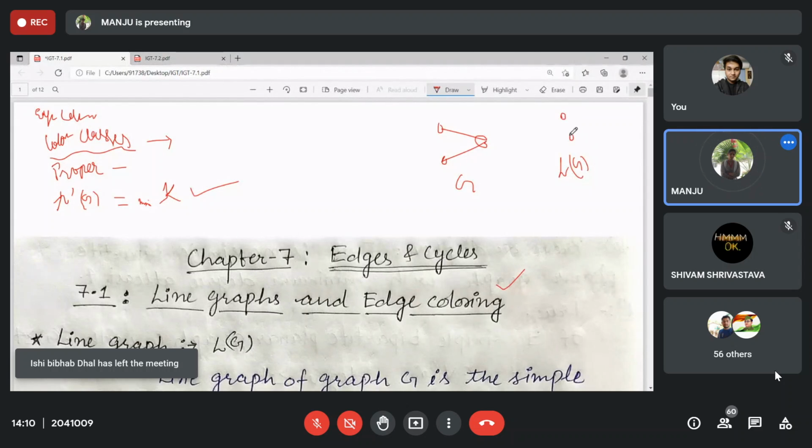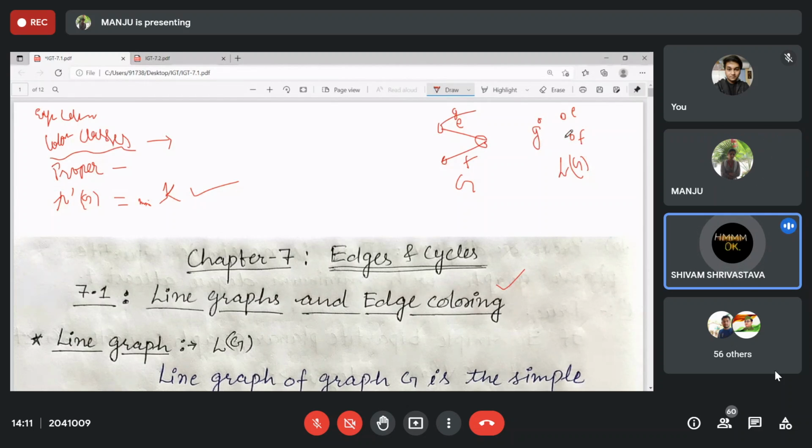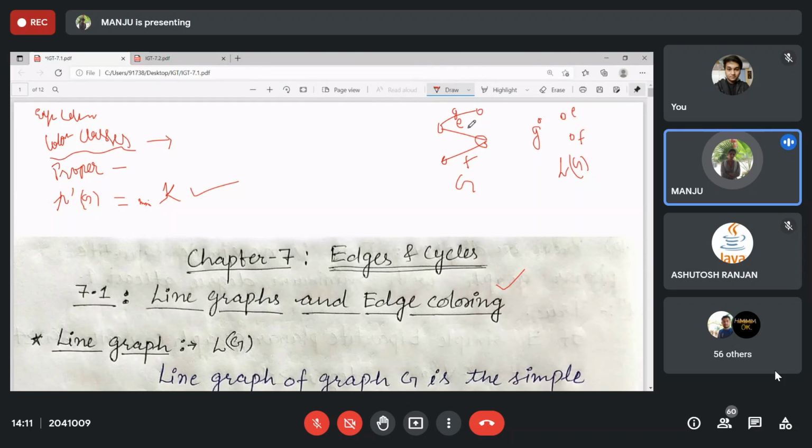Here edges will form vertices, right? When will these be adjacent? Say edges e, f, g. Can you say g and f will be adjacent over here? No, ma'am. These do not share any vertex.